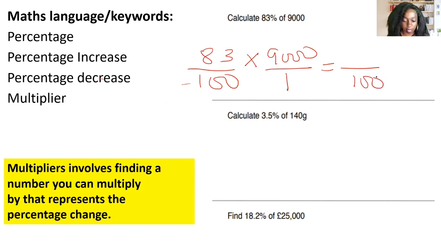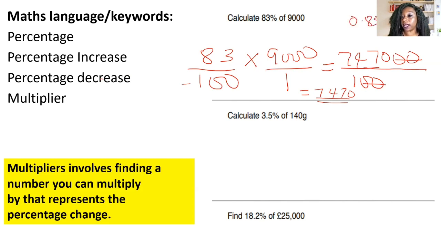If I quickly use my calculator to multiply that, because this will be in a calculator paper, 83 times 9, of course it's 9,000, but just to make it fast, we're going to have 747,000. Now, you can knock off these two zeros, which means you're dividing both the numerator and denominator by 100. So your answer will be 7470. However, remember, if you're good with your decimals, this 83% could turn to be 0.83, and you just multiply that straight by 9,000 and you will get the same answer we got here.